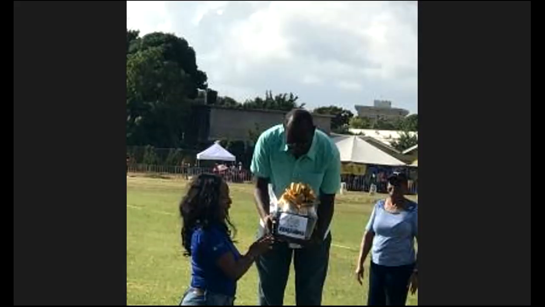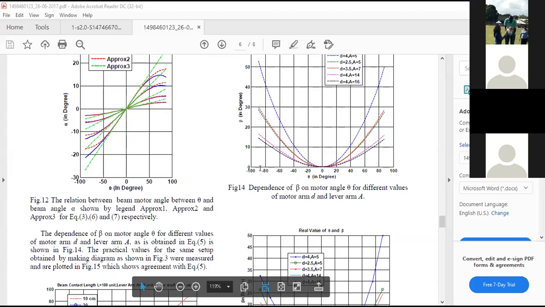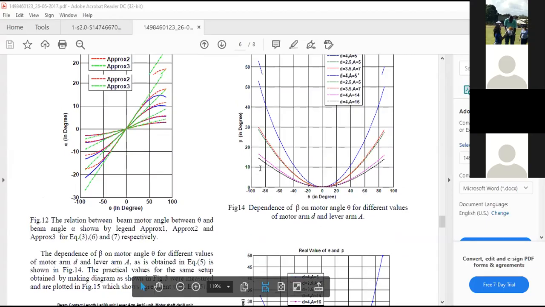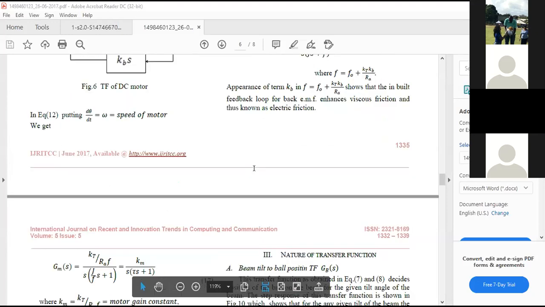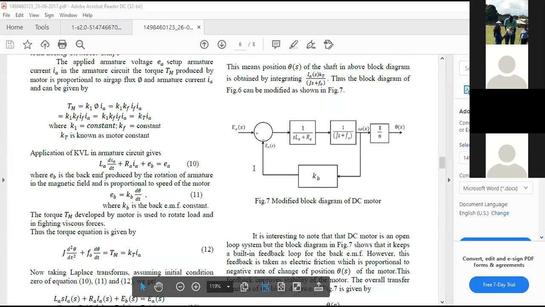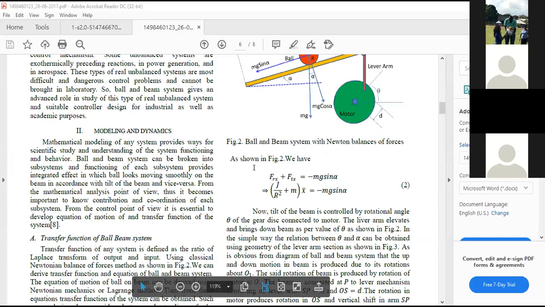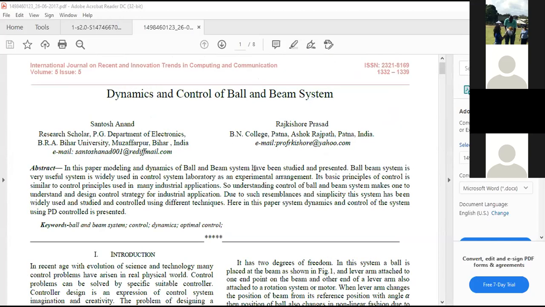All right, so here's the other paper. I'm going to send the paper in the group and we're going to have a week by week discussion. So this is another paper written by another set of Indians. Go for the top. So the thing about it is the ball and beam system.